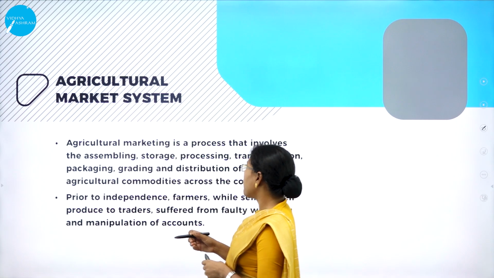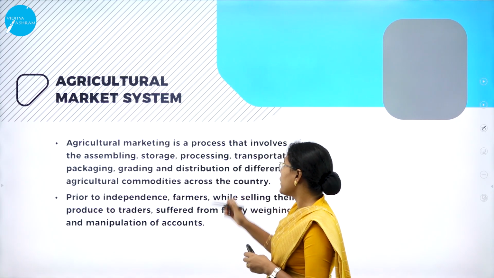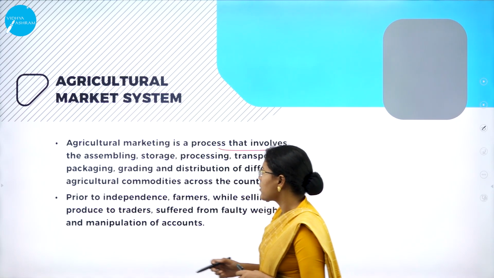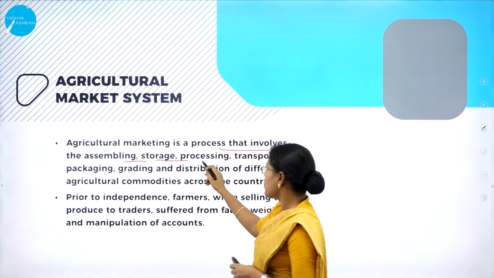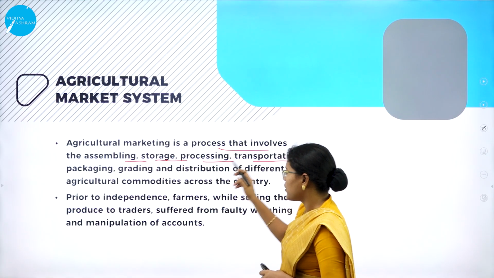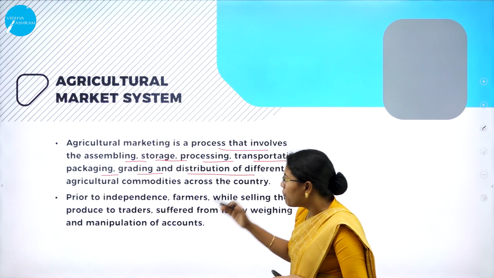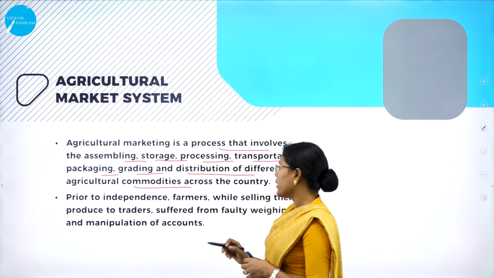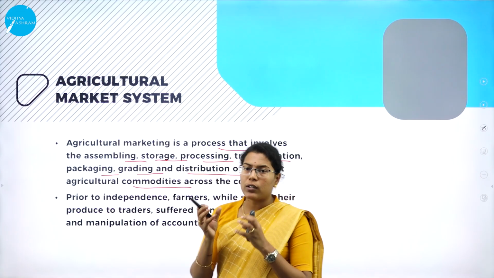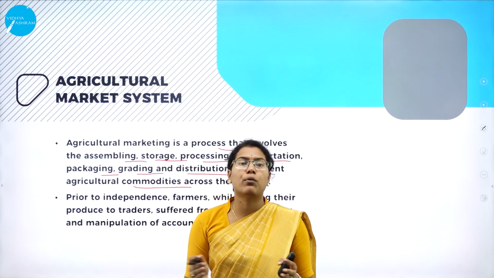So agricultural marketing, when we talk about it, is a process that involves assembling, storage, processing, transportation, packaging, grading and distribution of different agricultural commodities. So here when we talk about the market system, it's a very broad term.